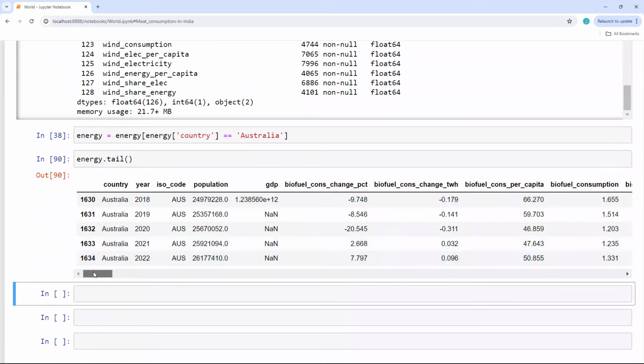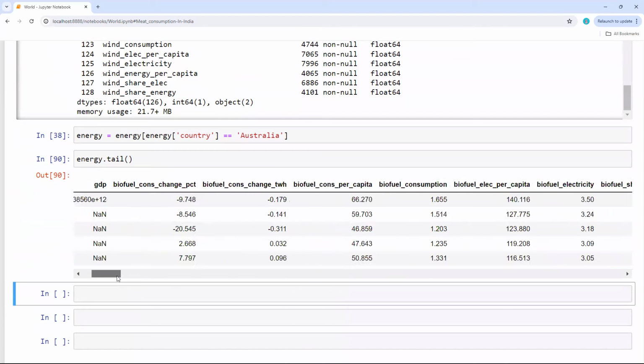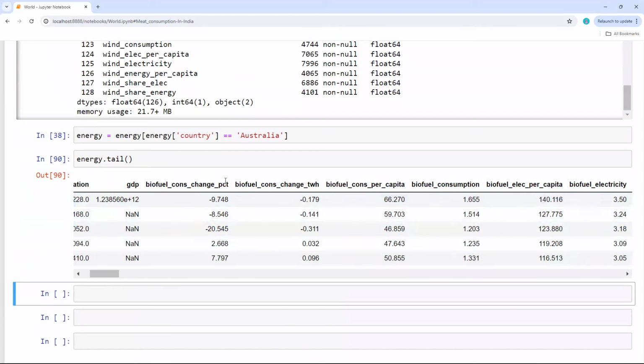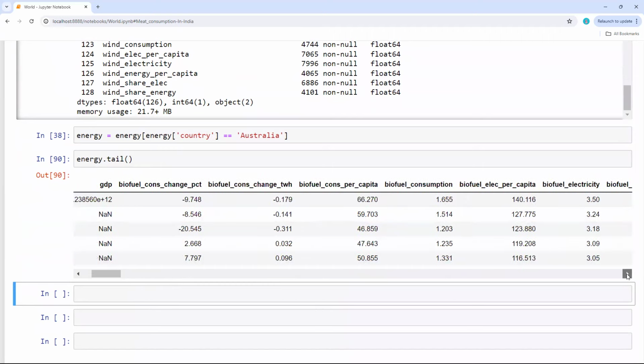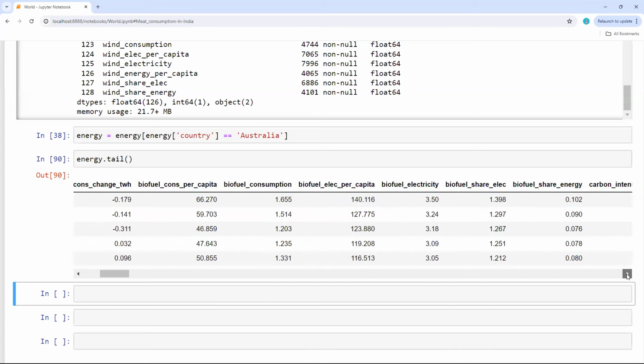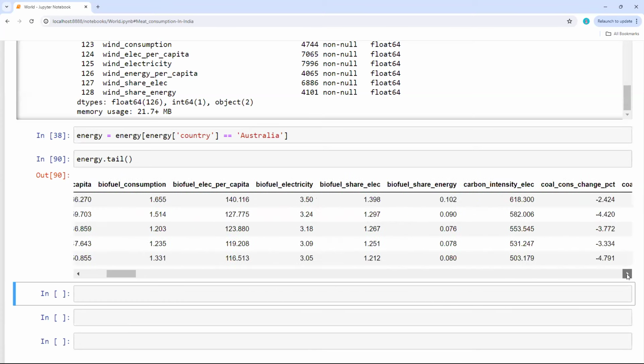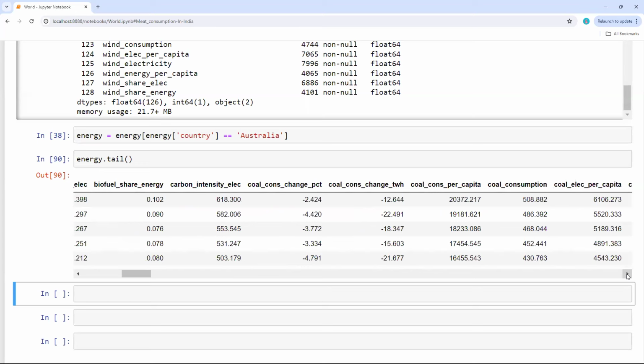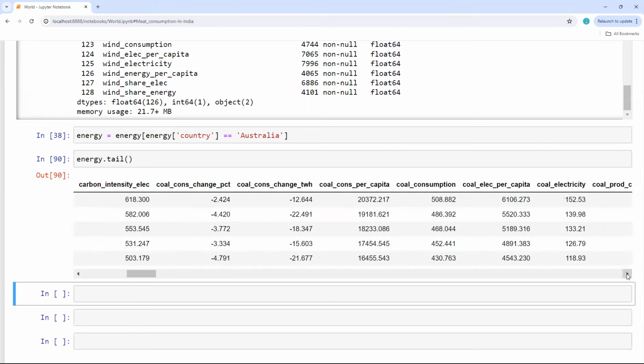Right. So we have the data for 2002 also. If I look at it, the biofuel consumption change rate is 7.7, followed by biofuel consumption per capita. So you can see the data as per the energy and how the Australian people are consuming different kinds of energies.